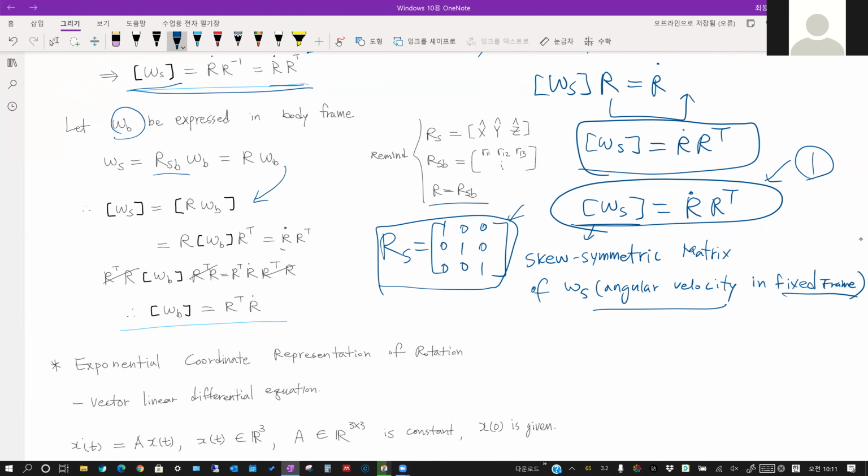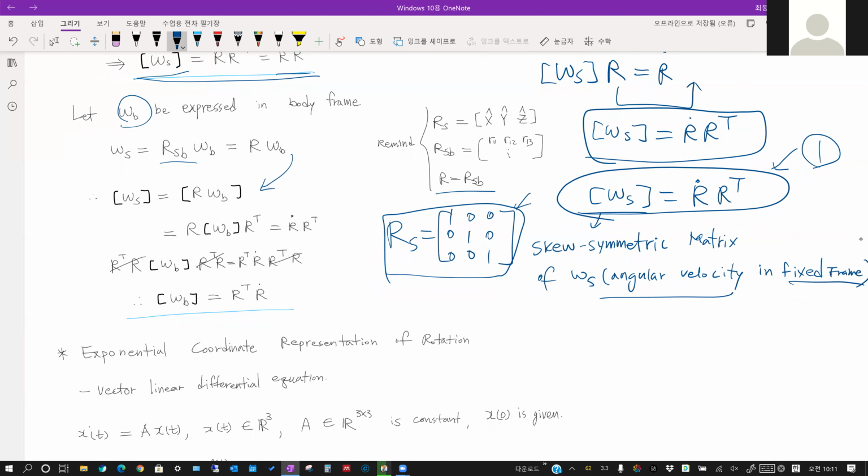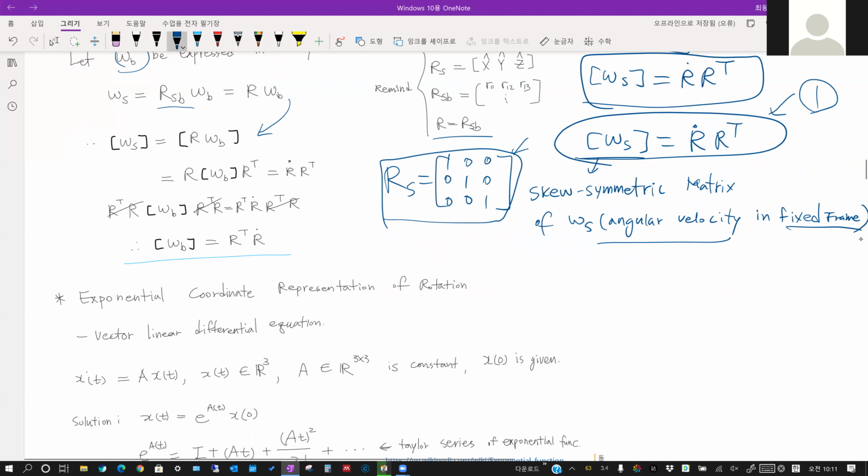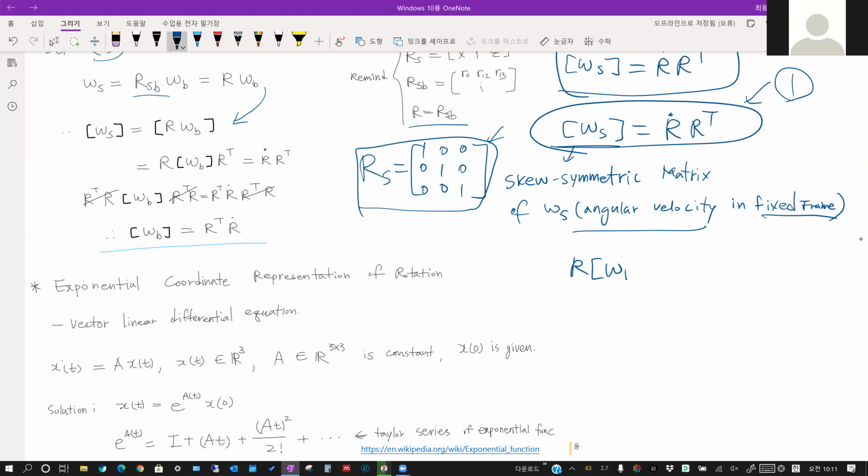So R omega B R transpose equals R dot R transpose.